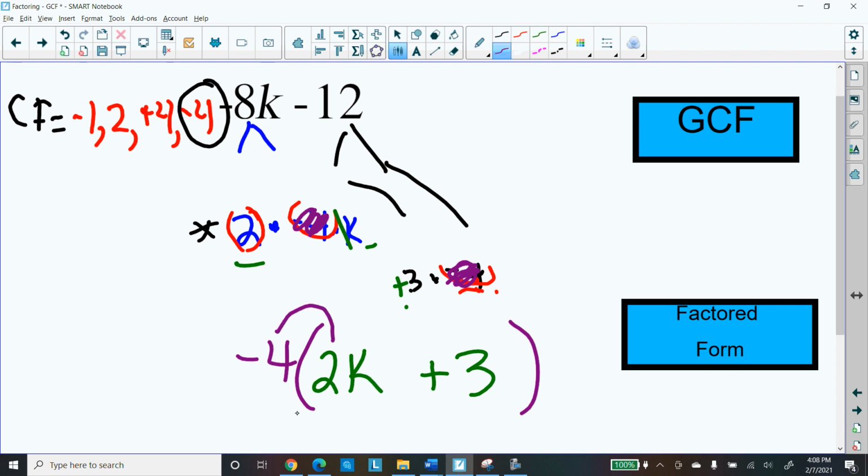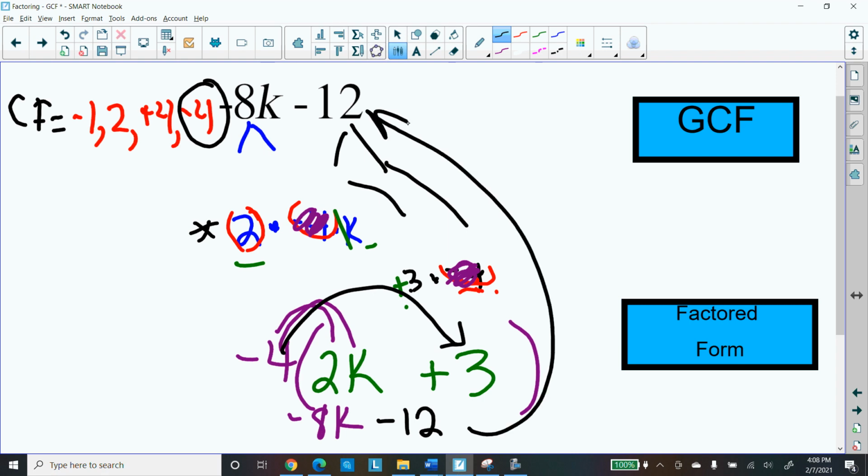Negative 4 times 2 is negative 8. Negative 4 times k, forget that. And now let's do negative 4 times positive 3 is negative 12. And that is what we started with. So our factored form will be negative 4 times 2k plus 3.